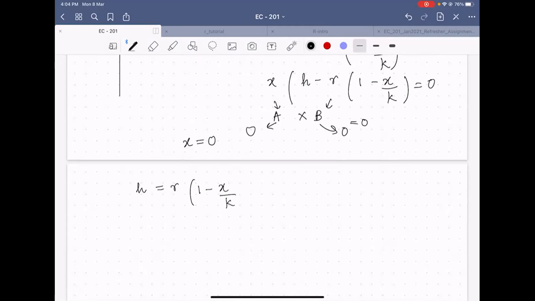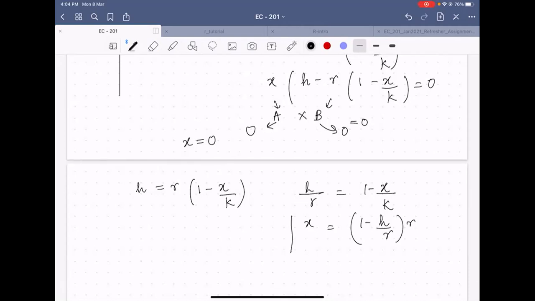What did you find from this? It would be something like h by r equals 1 minus x by k. And then I have x by k equals 1 minus h by r. Then I multiply this on this side.